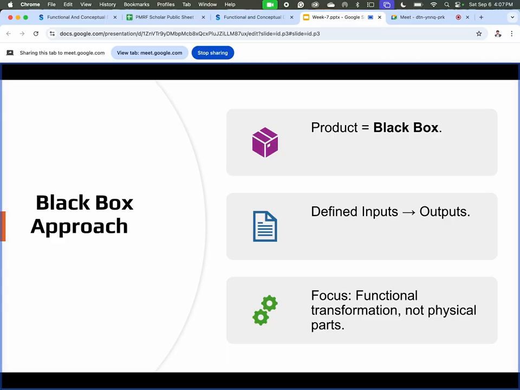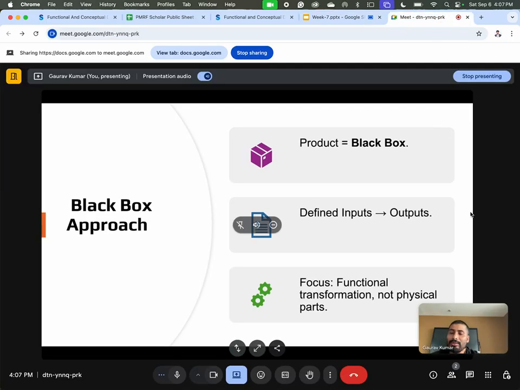For example, for a washing machine, the inputs are electricity, water, detergent, and dirty clothes. The outputs are clean clothes and wastewater. This way the essence of the machine's purpose is captured without being distracted by the parts. The black box approach forces us to focus on the overall transformation that the product provides.